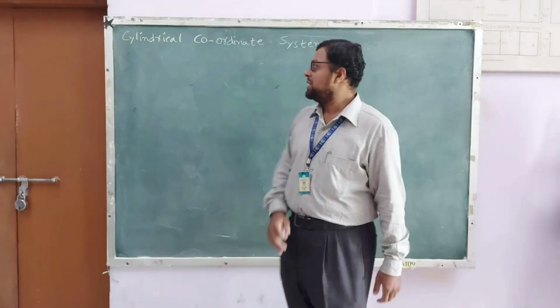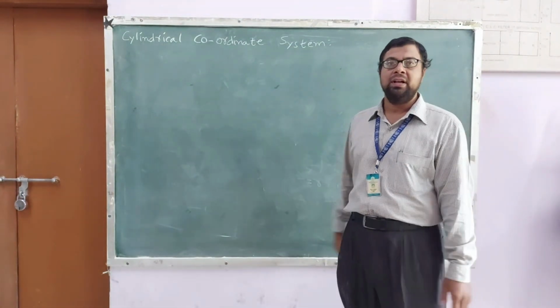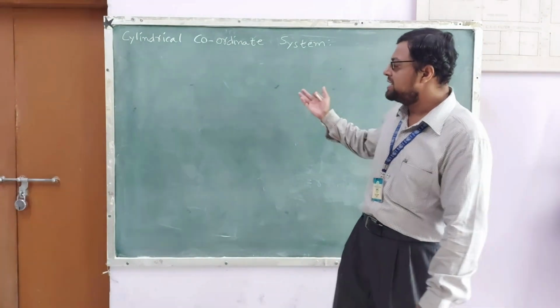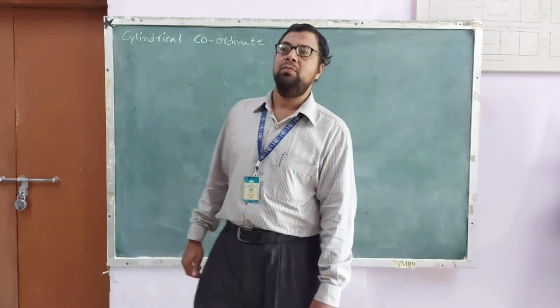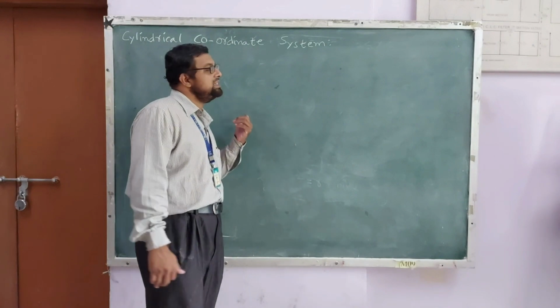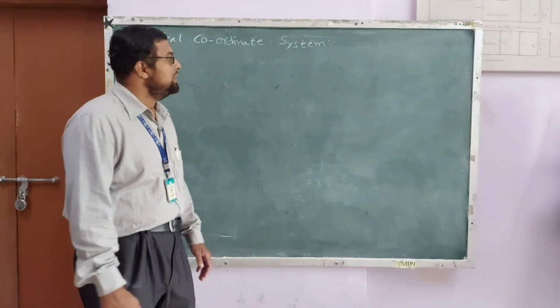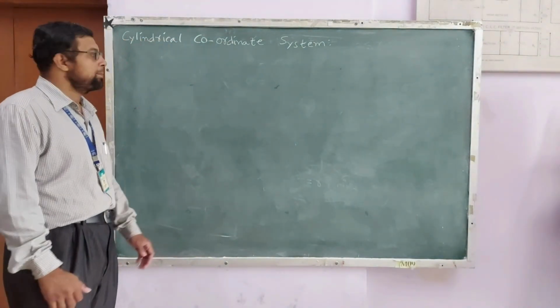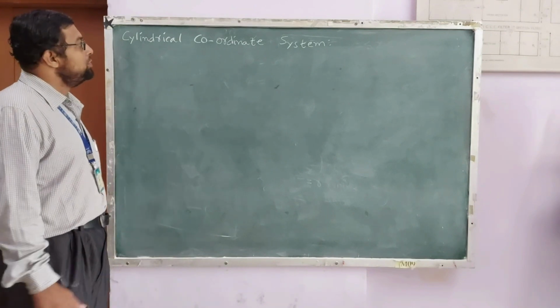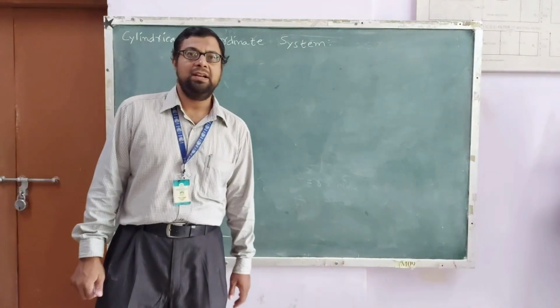There are so many physical problems in which we require a cylindrical coordinate system, which is more convenient as compared to the Cartesian or spherical polar coordinate system, depending upon the situation. So therefore we have to study what is called the cylindrical coordinate system.